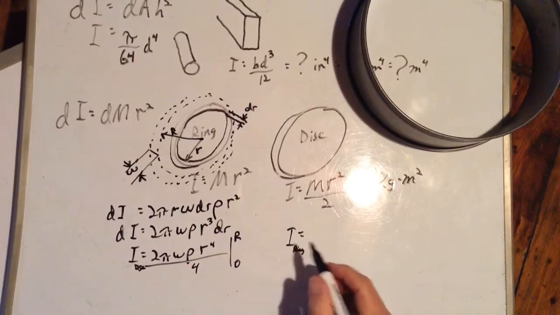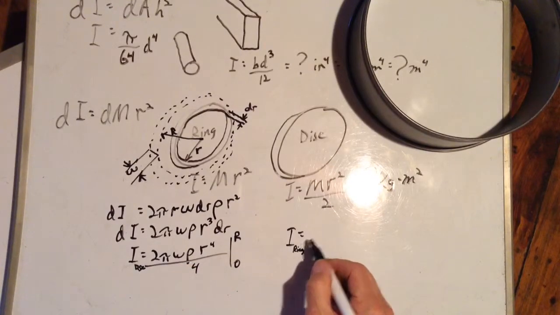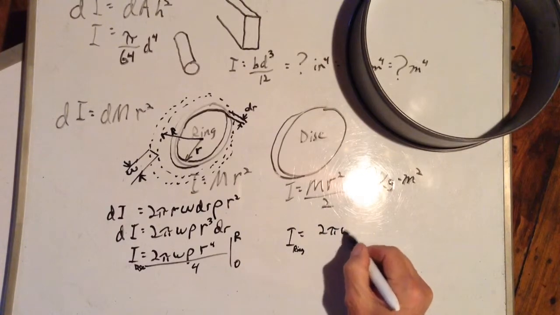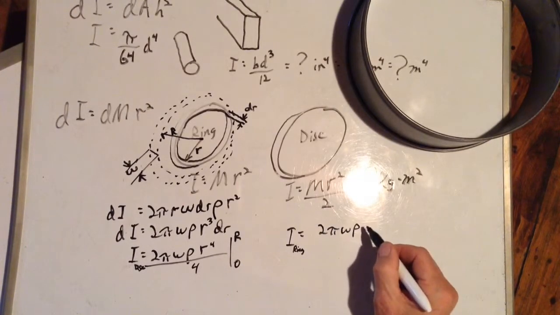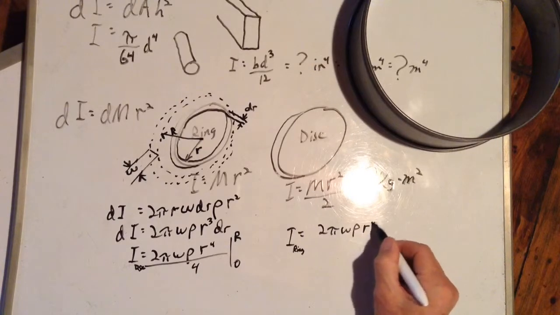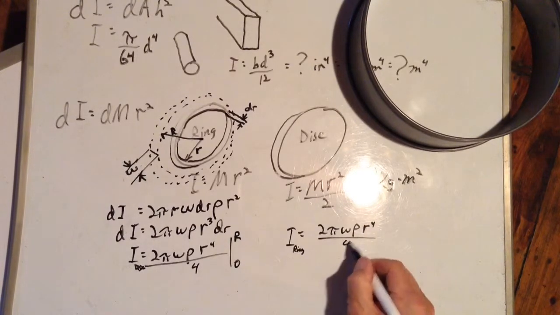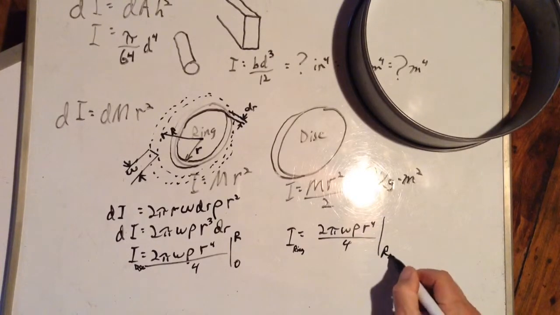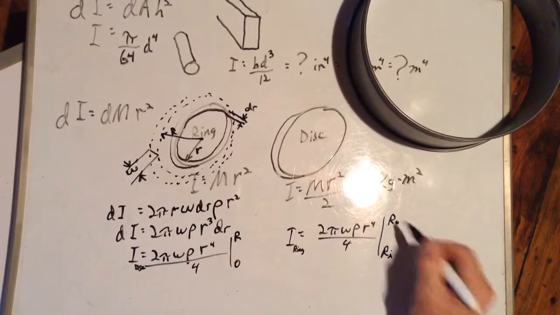The moment of inertia for a ring is going to be the same equation, 2 pi width density r to the 4th over 4, but integrated from r inside to r outside.